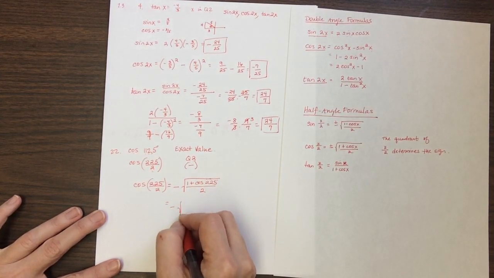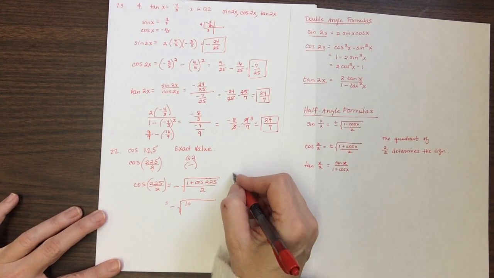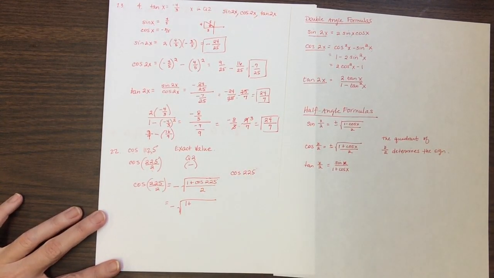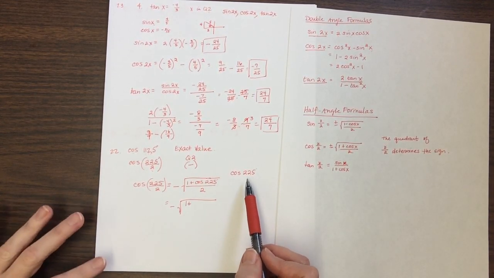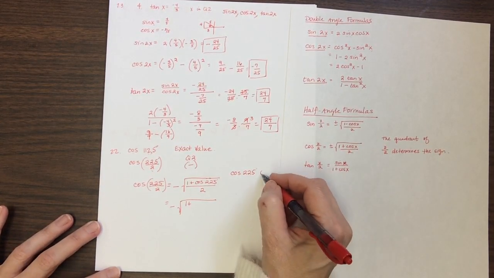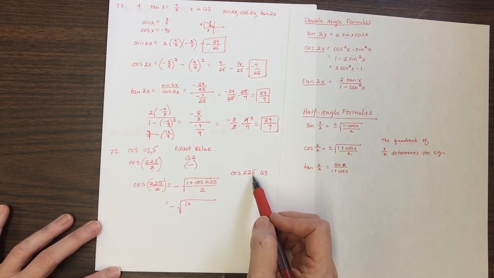I've got negative, and then I've got 1 plus, alright, so let's do this off to the side. If I were looking for the exact value of cosine of 225 degrees, remember the steps you go through to find the exact value. What quadrant is this in? Well, this is in quadrant 3. What's my reference angle for 225 degrees?